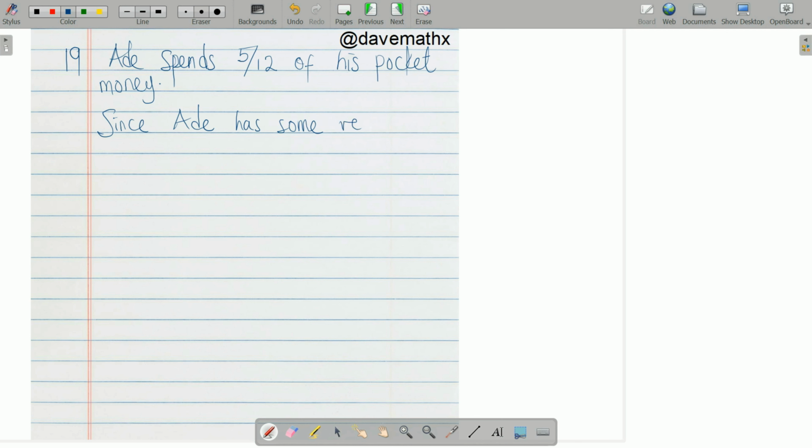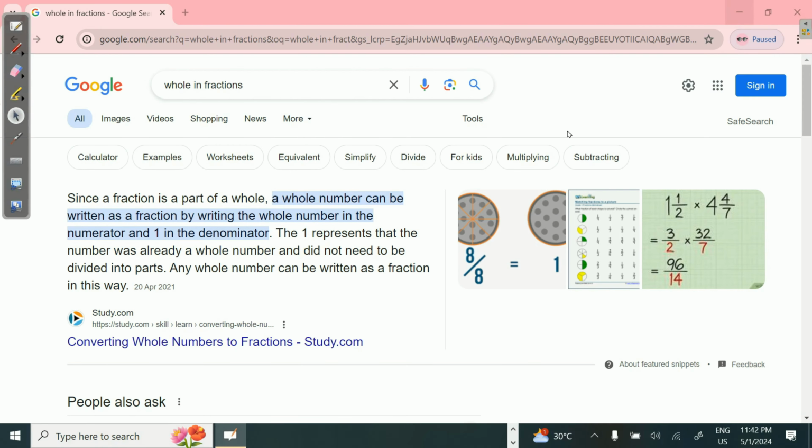Since Ade has some remainder, this makes the whole money he has to be one. A whole number can be expressed as a fraction by placing the number in the numerator and 1 in the denominator.